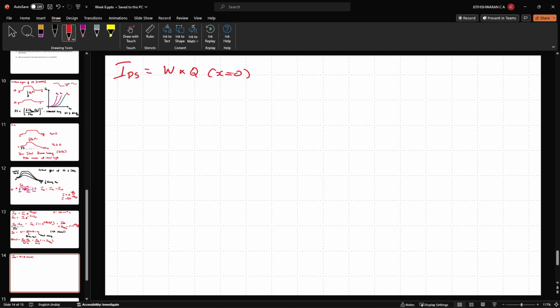This is essentially the magnitude of the charge, not the sign of the charge, so I should technically write the modulus over here, times thermal velocity into 1 minus e to the power minus QVDS by KBT, divided by 1 plus e to the power minus QVDS by KBT.